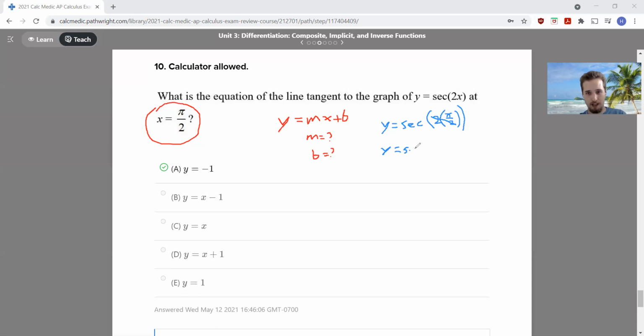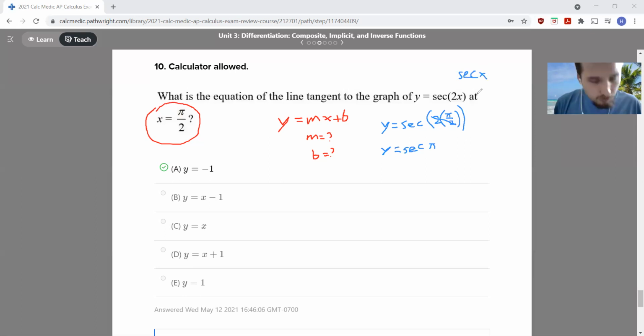And I would say, yeah, you don't need to remember what secant of pi is. We have to remember secant is the reciprocal of cosine.